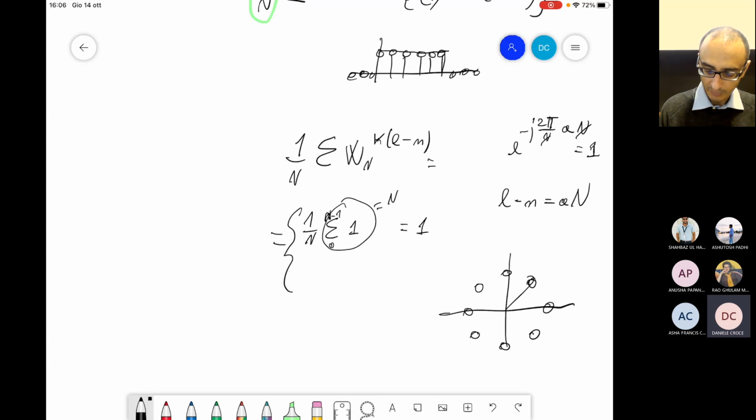So basically, if you sum all these together, the result is 0. So if l minus n is different from a multiple of N, you have 1 over N times 0, that is 0, okay? So this is what I mean in this sense.